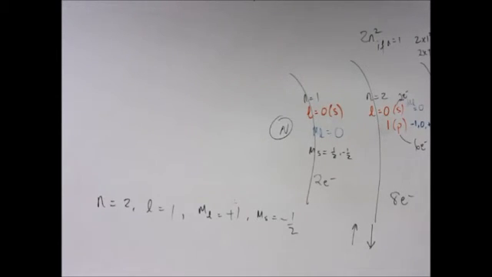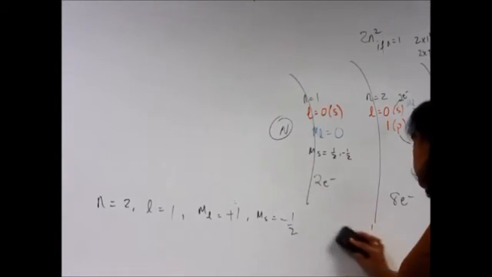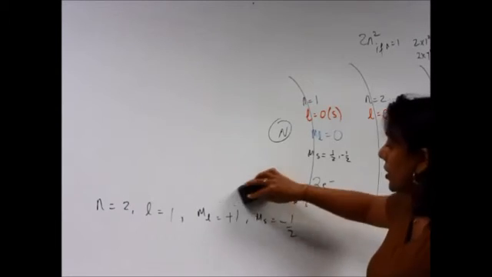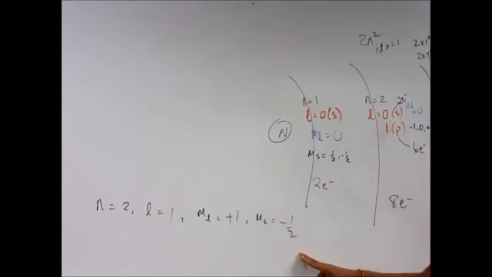Plus doesn't necessarily mean the electron is pointing up. There's no up or down, there's north and south. I'm not even saying which one is which. The only time MS will be wrong is if it's not 1/2, if it's 3/4, for example, anything that isn't 1/2. That's when it's going to be wrong. All right, so now when you look at this, how many electrons am I talking about?